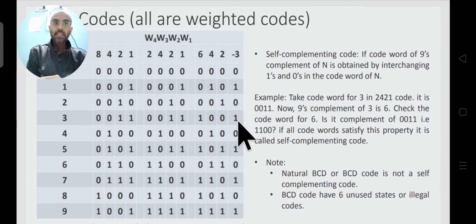So LSB is minus 3. So I represent this 1. Now you may ask why we have not made this 0, this 6. You could have made them 6 as well, because 4 plus 2 is 6 and then minus 3. But we made this 6.